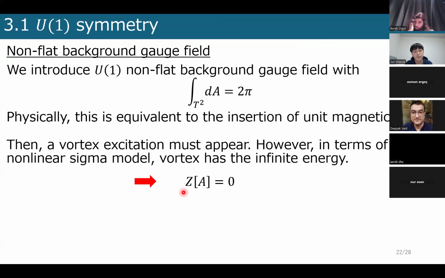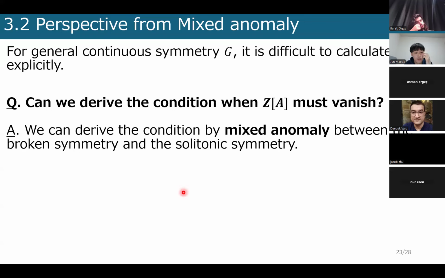So this is a difference. Okay, so this is the U1 symmetry case, but of course we want to consider more general SSB phases of continuous symmetry, but it is difficult to calculate the partition function explicitly for the more general case. So we will take another approach.